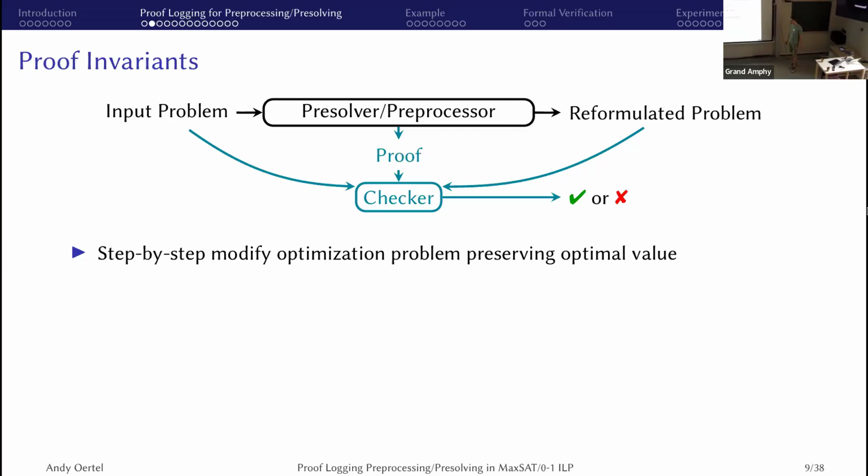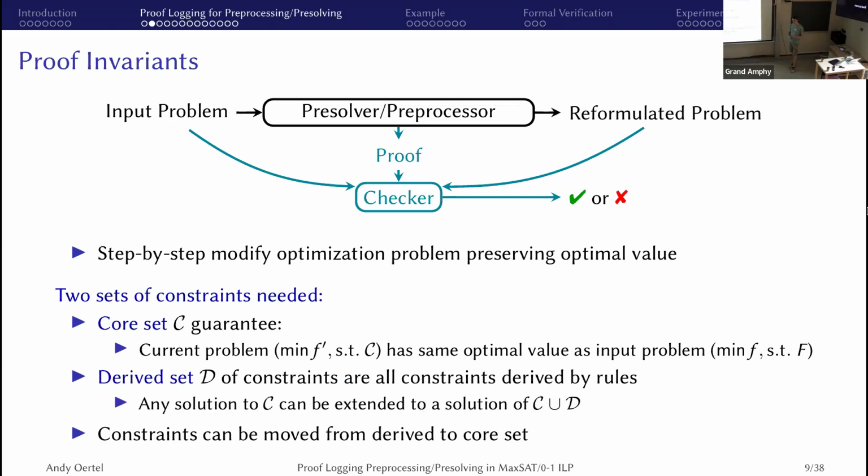And to do this, we separate our constraints into two sets, the first being the core set of constraints you see. On this, we have a strong guarantee that the optimal value of the current objective, subject to satisfying all these core constraints, is the same as the optimal value of the original problem, our input problem: the original objective function subject to the original input constraints.